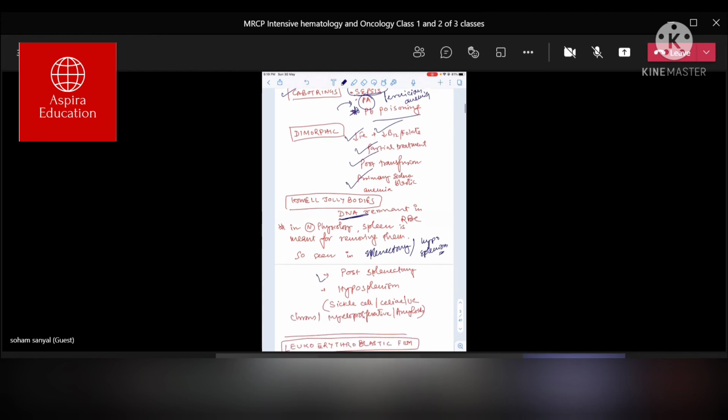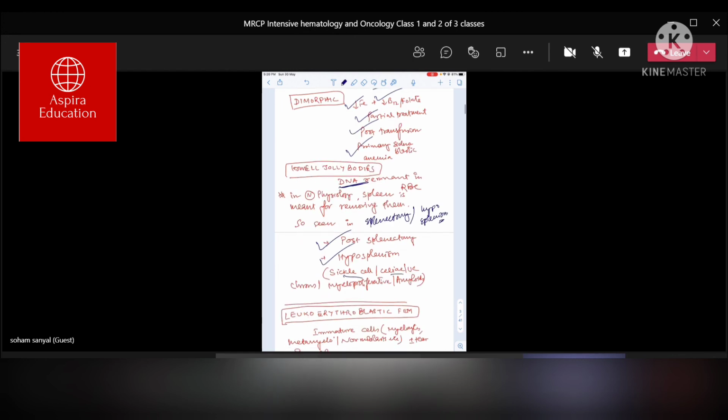So they are seen post splenectomy and in hyposplenism, and in all the diseases connected to hyposplenism, like sickle cell, celiac disease, ulcerative colitis, Crohn's disease, myeloproliferative disorders, and amyloidosis. Everywhere Howell-Jolly bodies can be found.